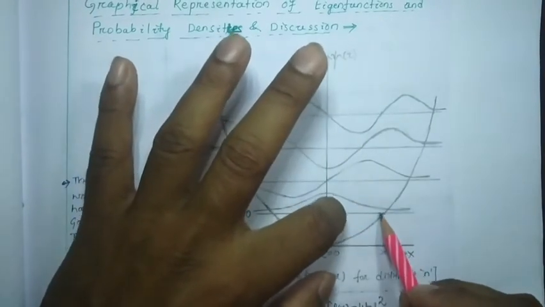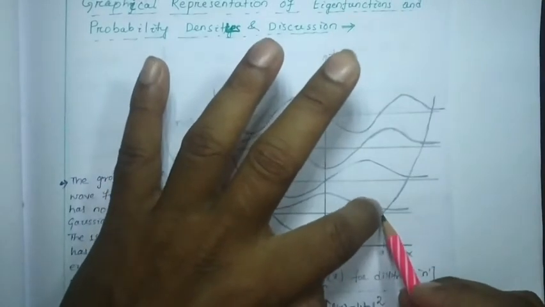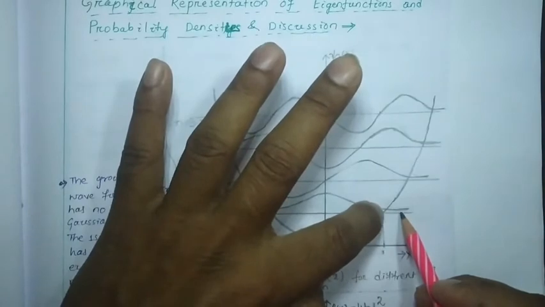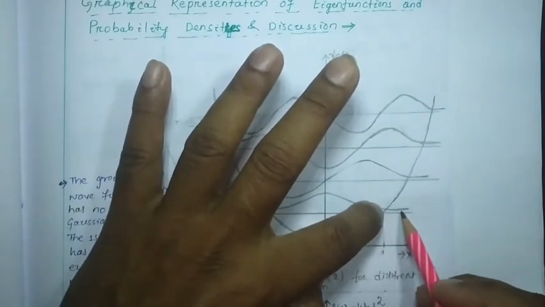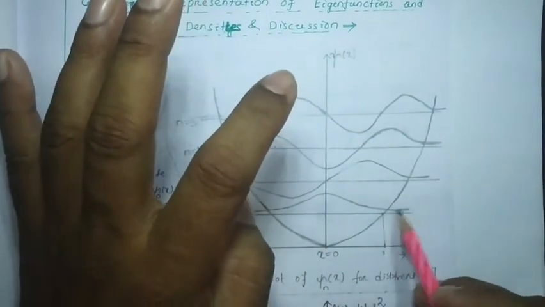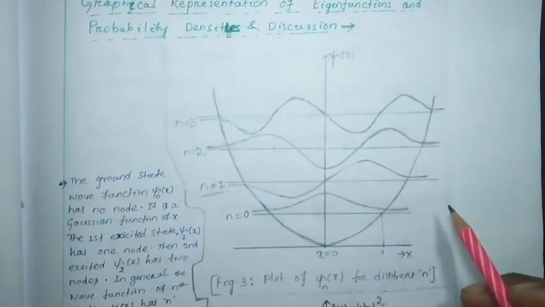So classically we will not find the particle beyond that limit. But quantum mechanically, the wave function will be there, meaning the particle can also be found beyond that potential.